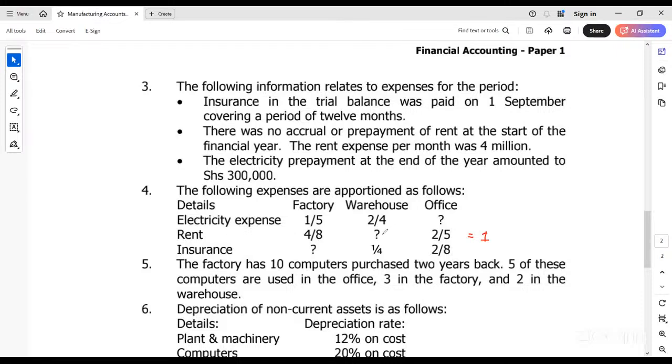I think 2/3. Just to be 1 minus 4/8 plus 2/5. When you add the fractions, they should give you 1. So what is 1 minus 4/8, then minus 2/5? What is the missing fraction there?